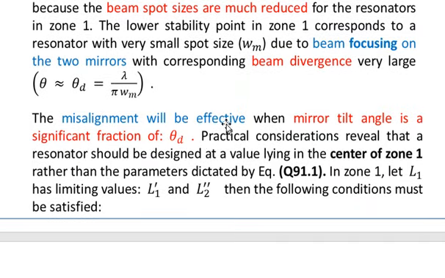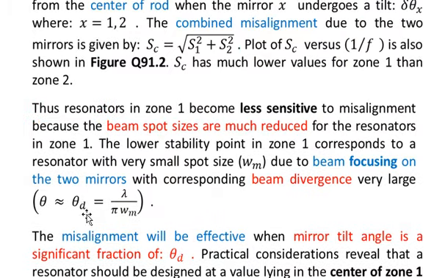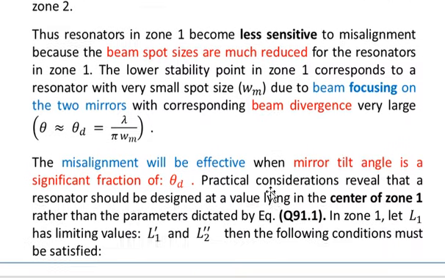The misalignment will be effective when the mirror tilt angle is a significant fraction of theta d. So you see that if the tilt is a significant fraction of theta d, then the misalignment will be important. If it is a small fraction of theta d, we can ignore the misalignment.